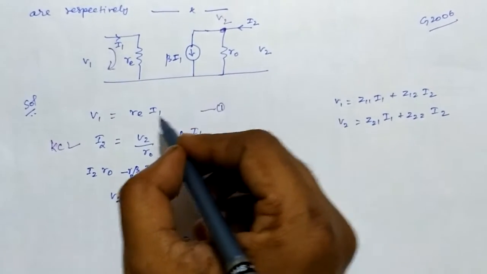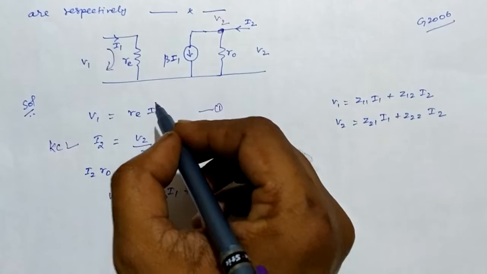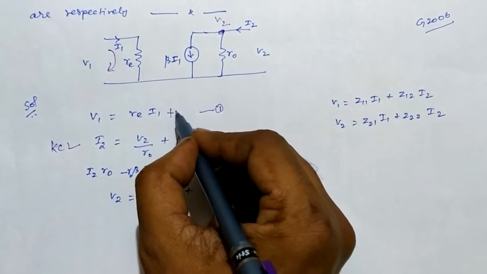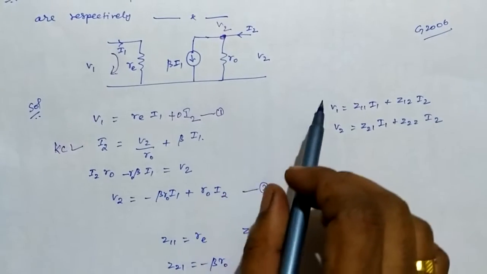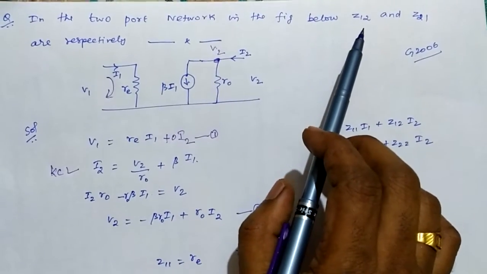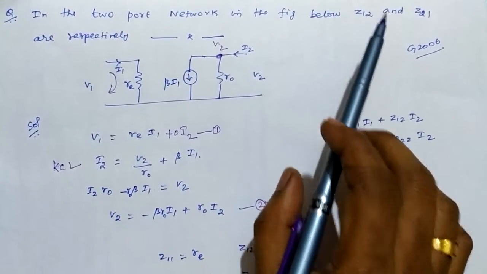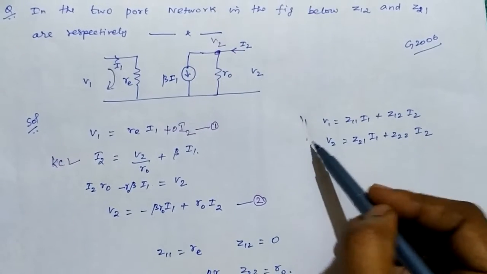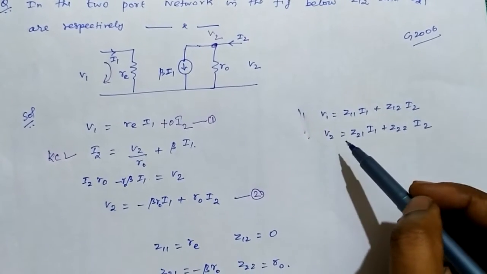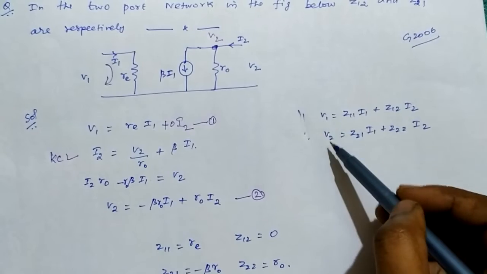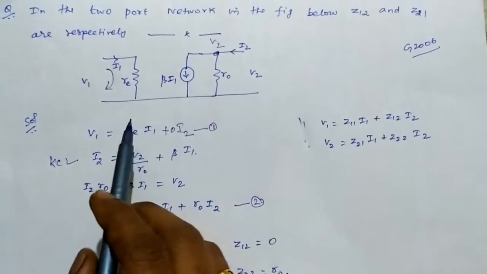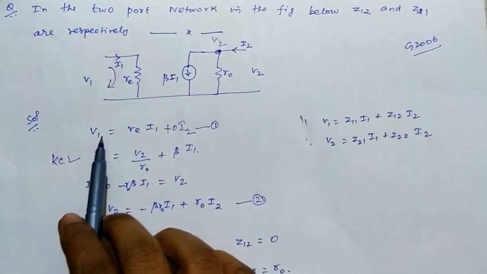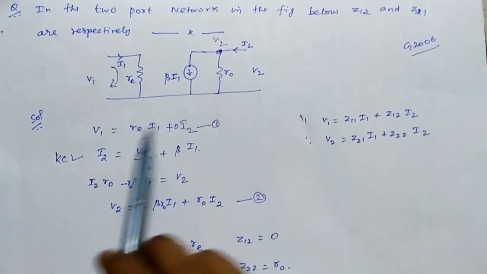Here I2 is not present, so we take 0 into I2. Why are we writing it like this? They were asking to find the impedance matrix. This is the standard format of the impedance matrix, that is the open circuit matrix, with input voltage and output voltage. Now compare equation 1, that is V1, with this standard form.